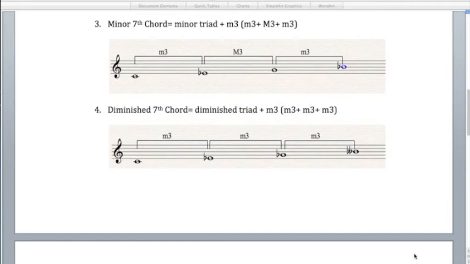The third type of seventh chord is called the minor seventh chord. When constructing a minor seventh chord, you will need to put a note that is a minor third above a minor triad. Here is how the minor seventh chord sounds.